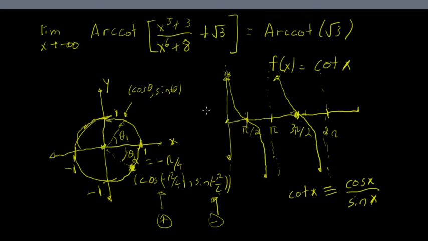So here we're looking at x equals 0. Between x equals 0 and pi over 2, when you're looking very close to 0, what's cosine? Cosine's very close to 1, but sine is very close to 0. So you're dividing a positive number very close to 1 by a positive number very close to 0, and you will get positive infinity.